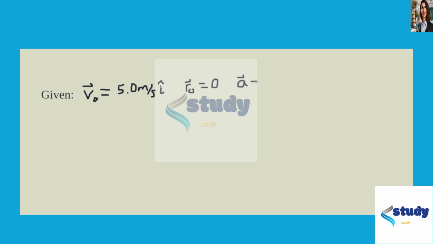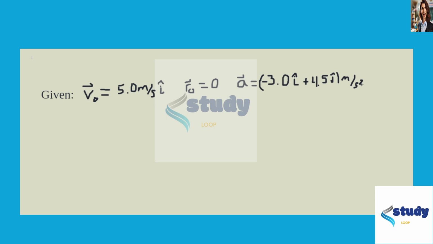And the acceleration is equal to minus 3.0 in the i hat direction plus 4.5 in the j hat direction. And of course, since it's acceleration, that's going to be meters per second squared.